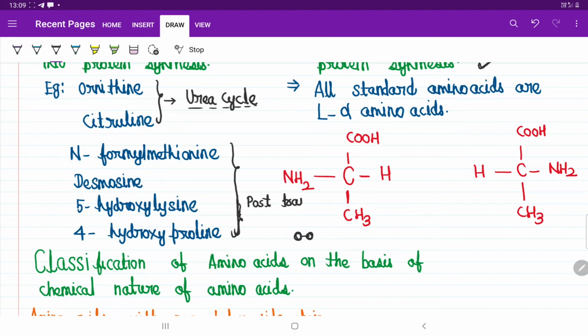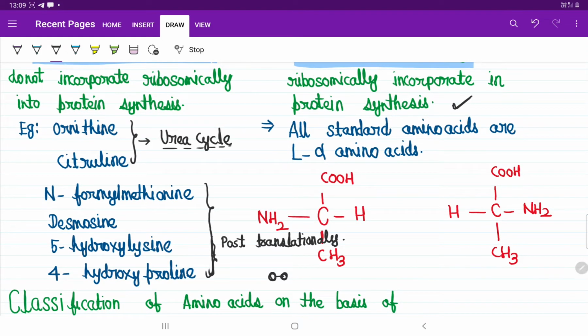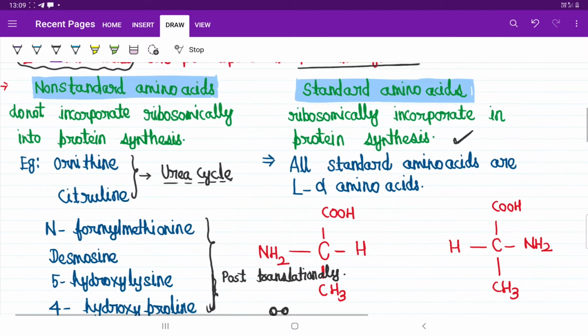Post translationally means after protein synthesis. Translation means protein synthesis, we will see later, right? So they are added after protein synthesis, formed in protein by modification of standard amino acids.